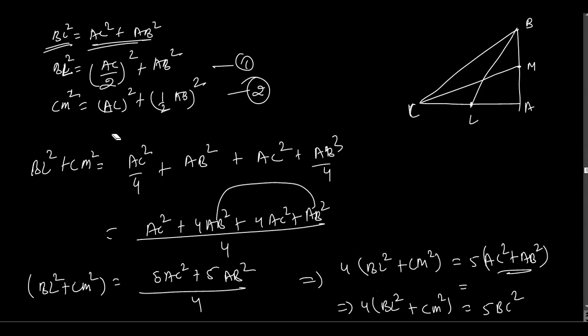And here we need to prove that 4BL square plus CM square. Or let me draw this triangle in some other way. Here ABC, right angle at A, and BL and CM. Okay. So I'm drawing this triangle like this.